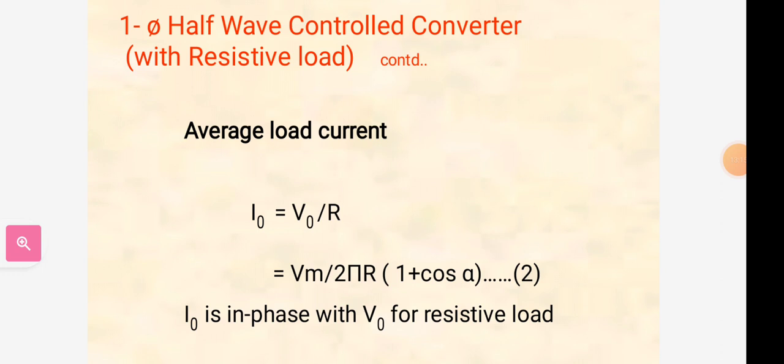And the average load current I naught is equal to V naught by R, that is equal to Vm by 2 pi R into (1 plus cos alpha). So I naught is in phase with V naught for resistive load.